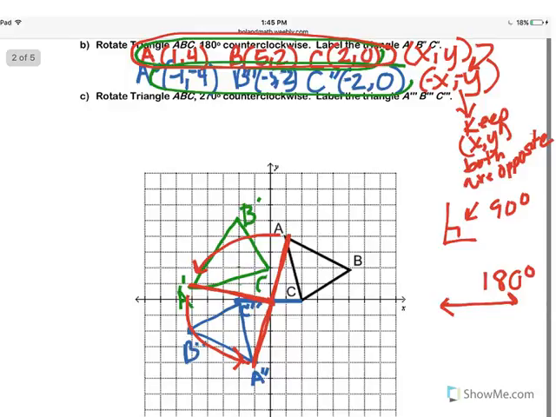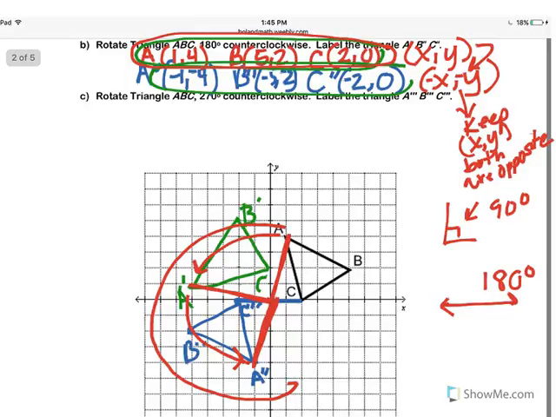So now to get the original figure to rotate from A all the way around to 270, we know that we just have to make another 90-degree turn from 180.